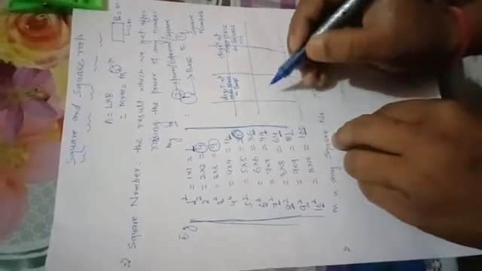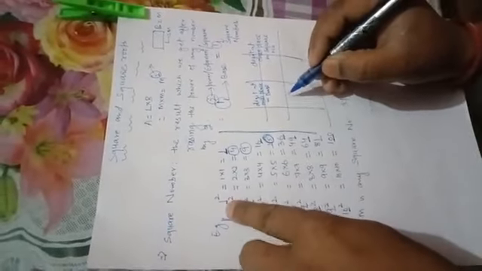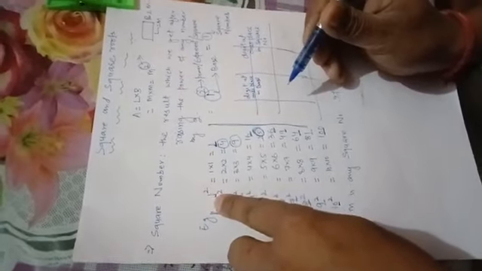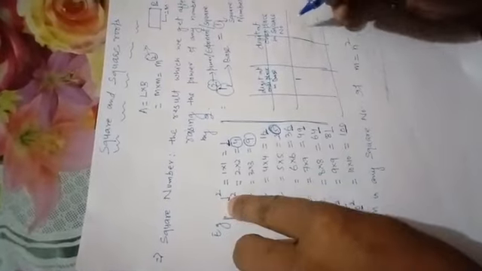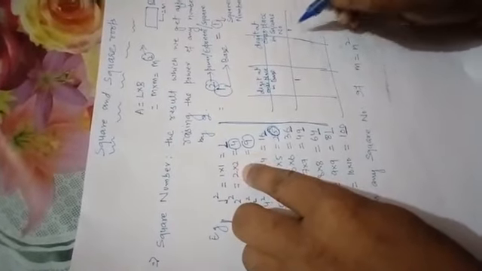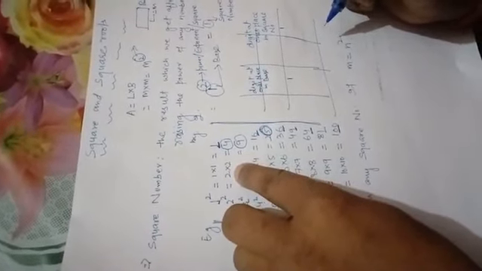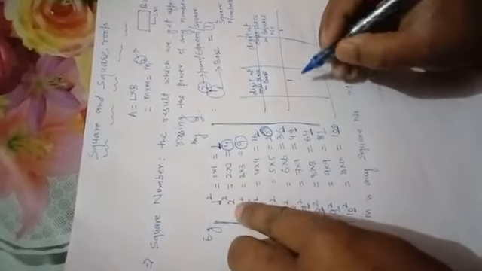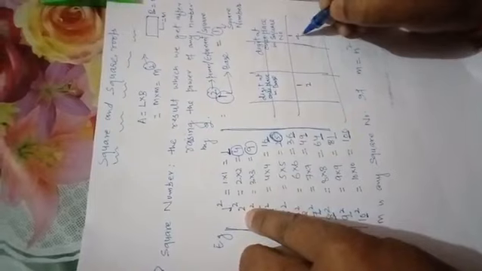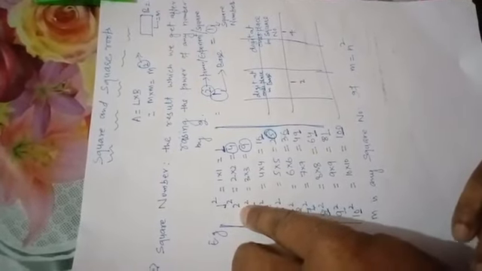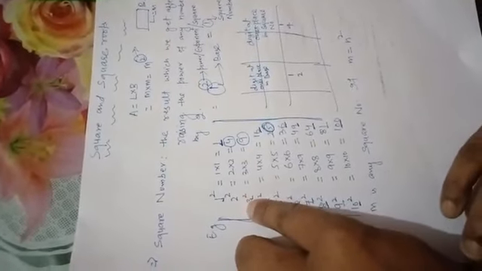Look, when the digit at one's place of the base is 1, in the result we get 1 at the digit one's place. When there is 2, we get 4 at the digit one's place in the square number.